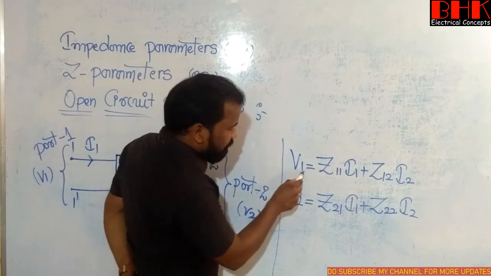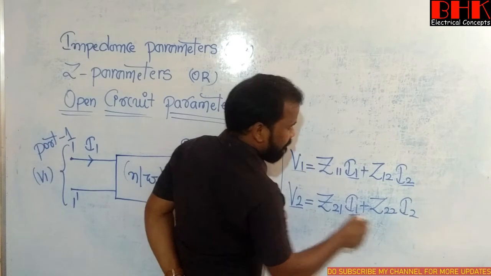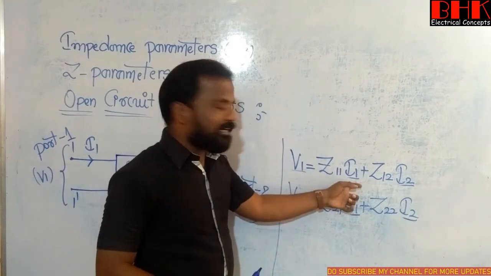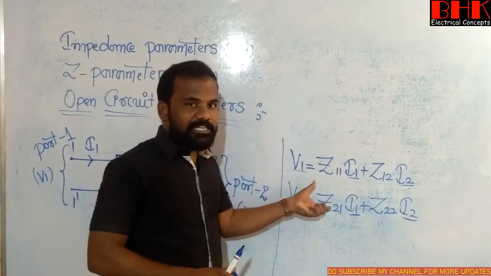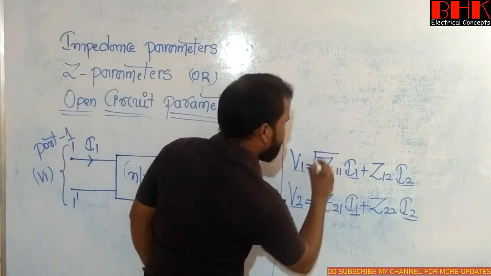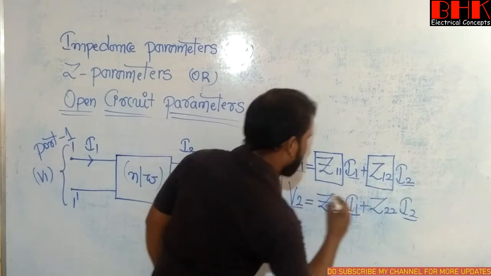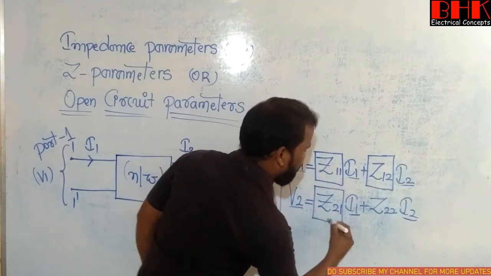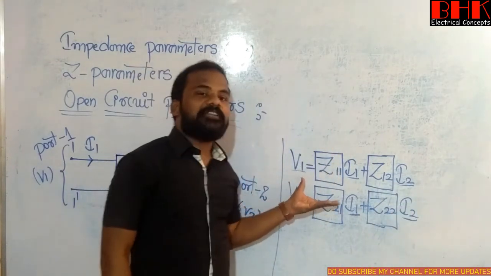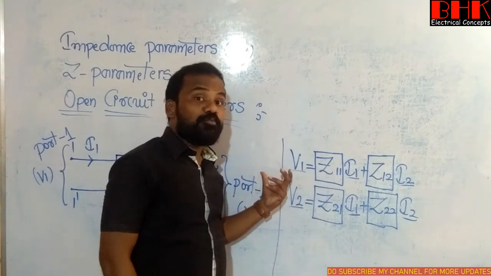Just see here, this is V1, this is V2, and here I1, I2. So voltages in terms of currents. Here we are going to satisfy that condition. Now see here, Z11 and Z12, here Z21 and Z22, clear? So these four are the impedance parameters we need to find from this two port network.